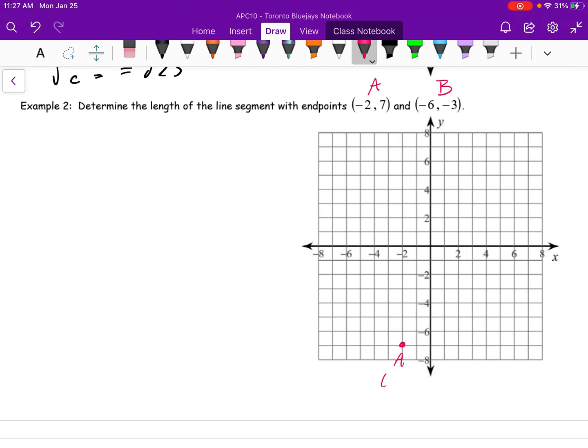There's A, and I like to write down my coordinates sometimes, so I'm just going to write that down, -2, 7. B is -6, -3. So there's B. What I would like to do is calculate the length of this line segment.